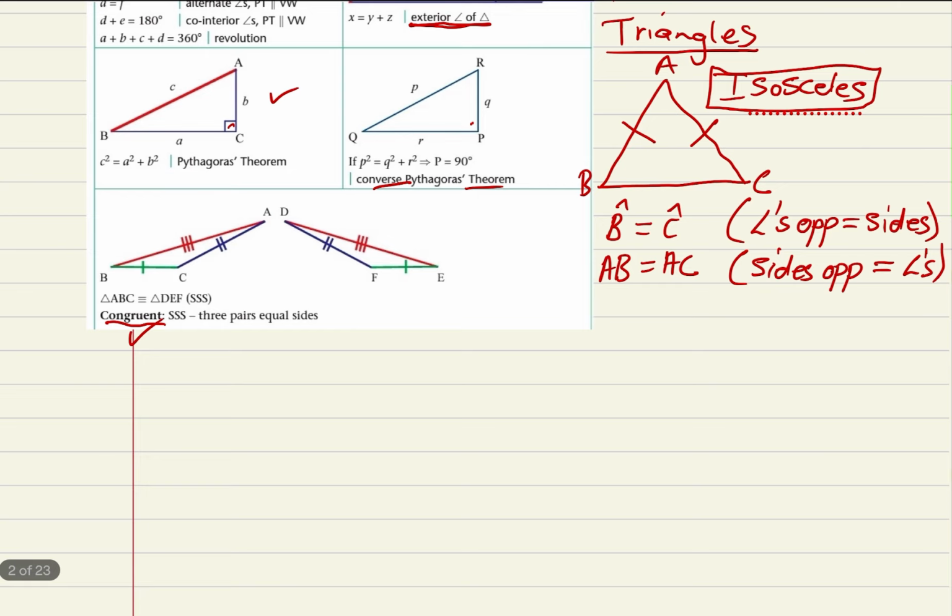Now here again in types of triangles, we have this other one. Most of the time we tend to forget it.